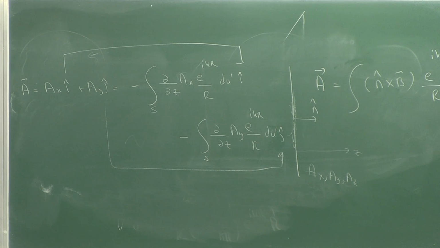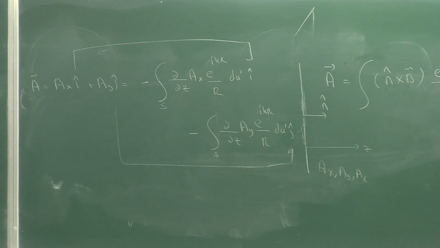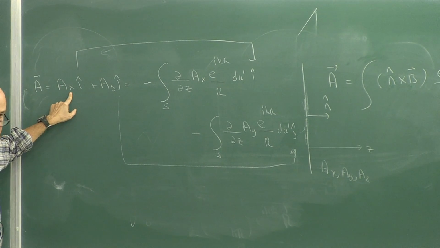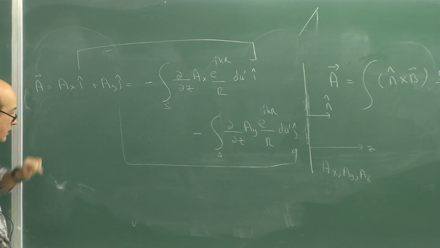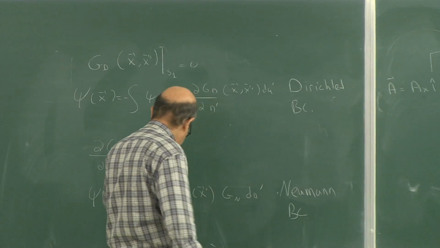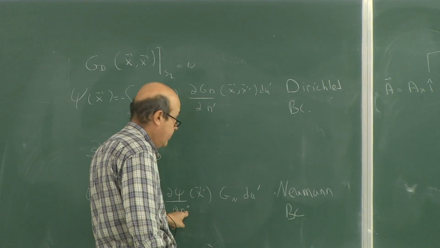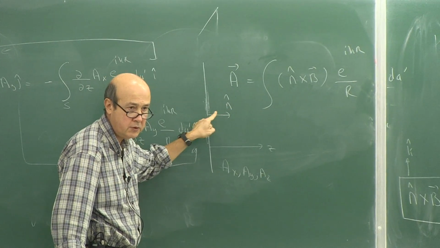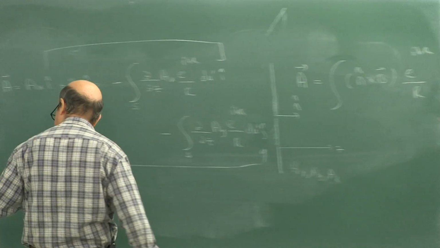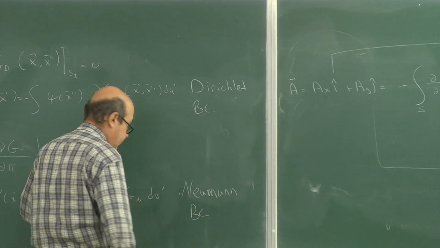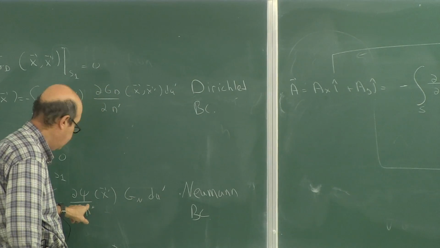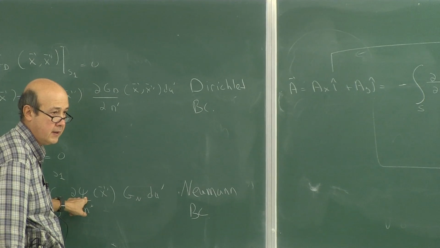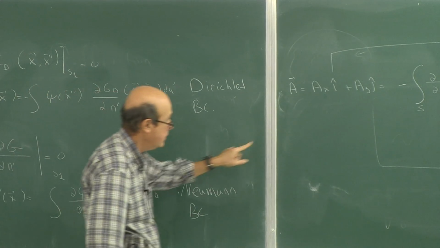Which one? Neumann. So psi here could be Ex. It's scalar, x components. And del over del n prime, what is the surface? Vector perpendicular to surface z. So that is del over del z. And the value of what? Ex.